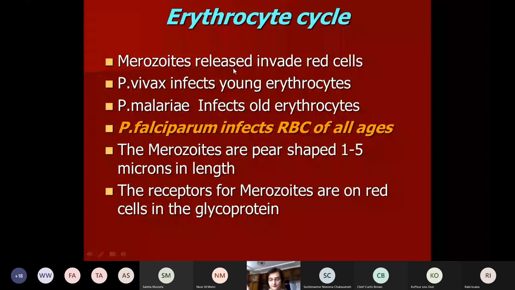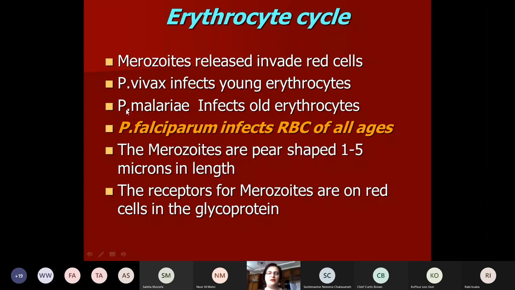Erythrocytic cycle. After the exoerythrocytic or tissue phase, we come to the erythrocytic phase. Merozoites released invade red cells. Plasmodium vivax infects, as a rule, young erythrocytes. You will see in an interesting cartoon movie what exactly the plasmodiums and erythrocytes will be.